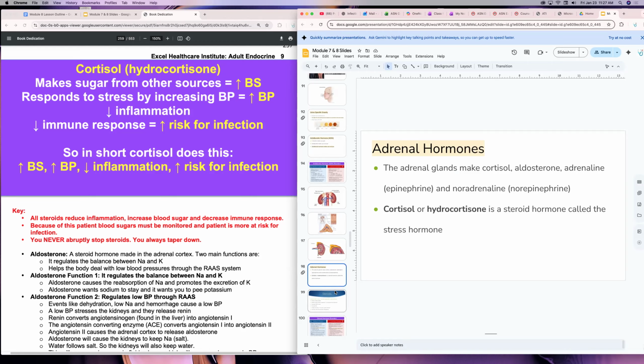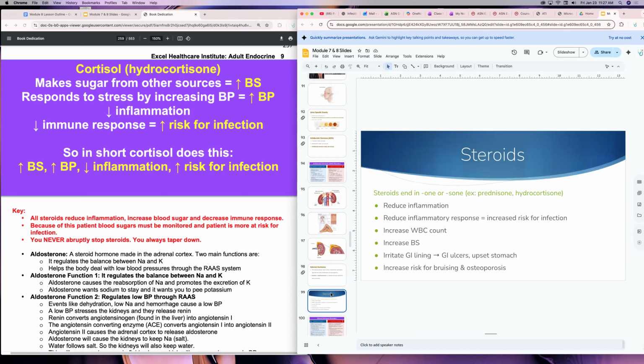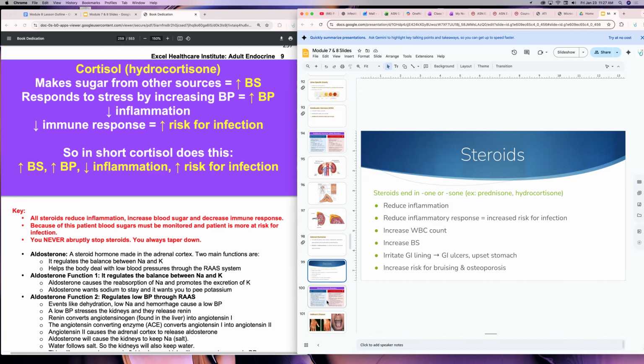And these are specifically what we call steroid hormones. So we talked about in our beginning review that steroids reduce inflammation, they increase blood pressure, they increase the risk for infection, they increase white blood cell count, they could lead to GI ulcers and stomach upset, and they increase the risk for bruising and osteoporosis.